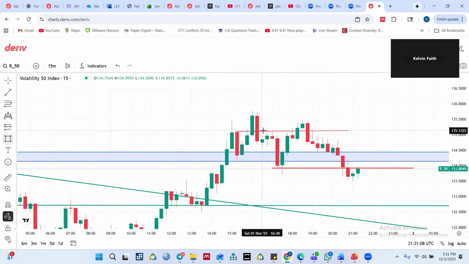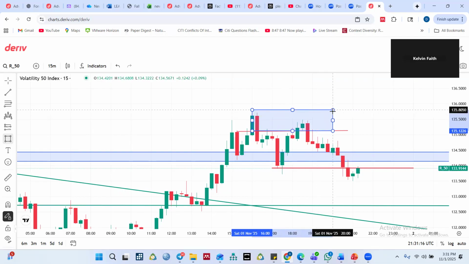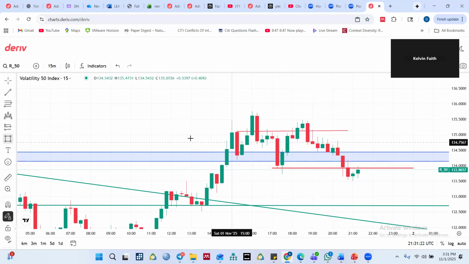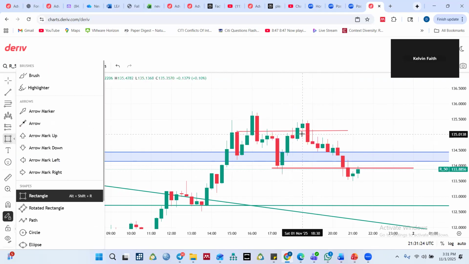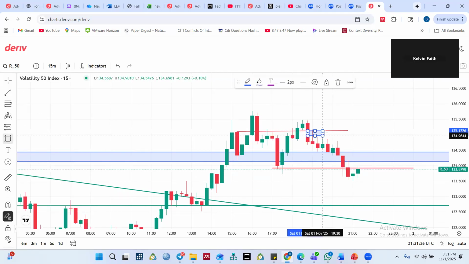In fact, it is true, because above this line right now there is a bullish candle pointing up, which means above it we can have bullish activity. But we see a bearish engulfing candle closing below it, which means currently the sellers are in charge from this point below.